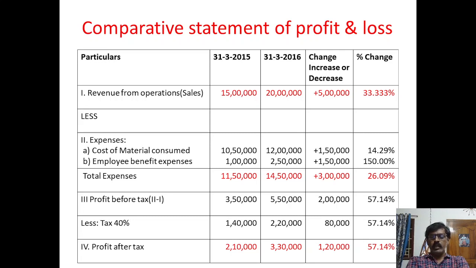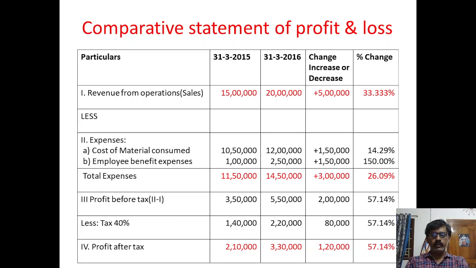It should be calculated column wise. So 3 lakh divided by 11 lakh 50,000 into 100, the total expenses increased by 26.09 percentage.